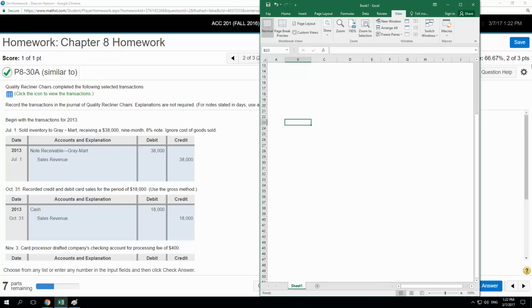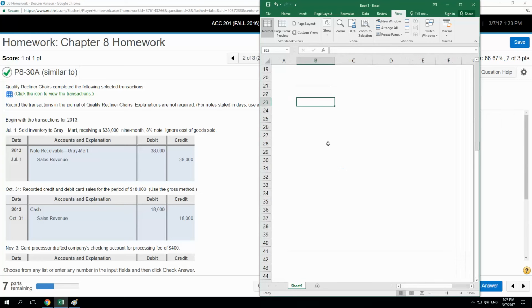The way you do it is you take time times interest rate, times principal, equals the interest, right? If you want to do it linearly like that.